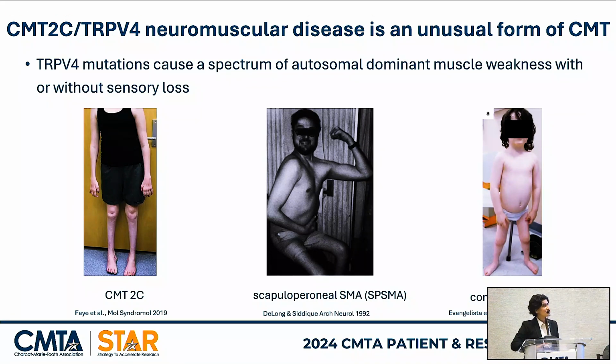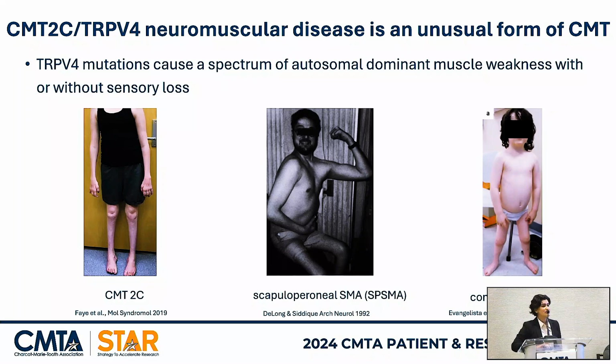What these patients all have in common is that they have an autosomal dominant condition, meaning they inherited an abnormal copy of the gene from one of their parents, and there's a 50% chance that they will pass it on to one of their children, as Dr. Saporta said. And all of these patients also have muscle weakness, and they may or may not have sensory loss.